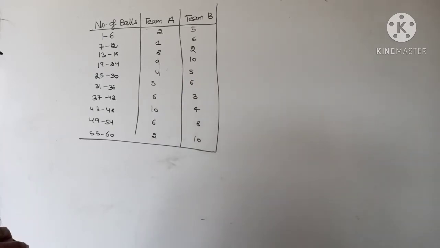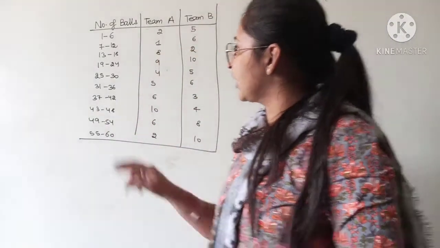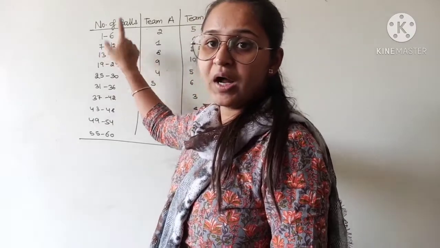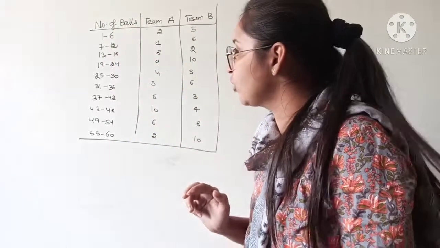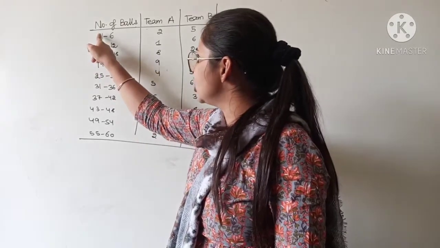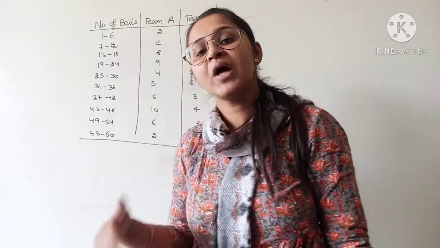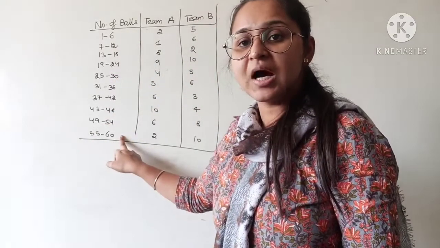And how do we convert our class interval into continuous? First we find the gap in between them. Gap is 7 minus 6, that is 1, and divide by 2, that is 1 by 2, 0.5. Now what will I do? I will subtract 0.5 from the lower limit of each class interval, and I will add 0.5 to the upper limit of each class interval.